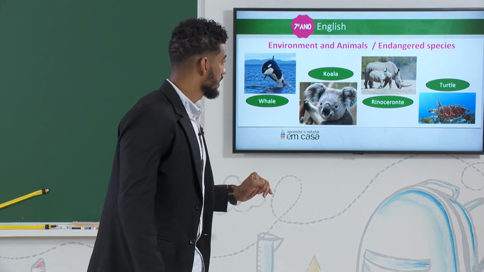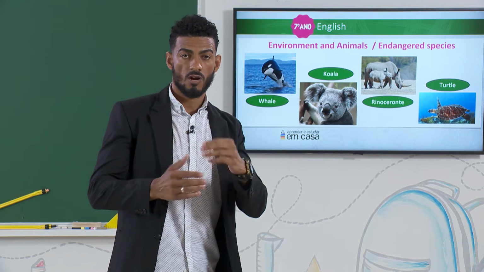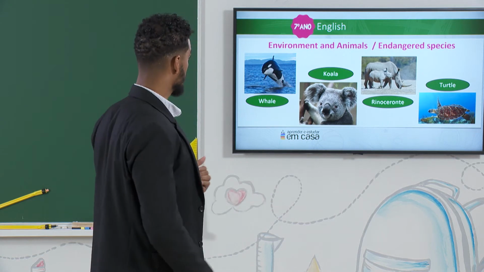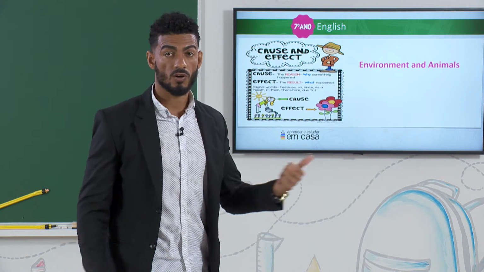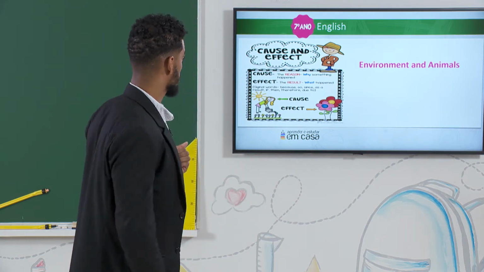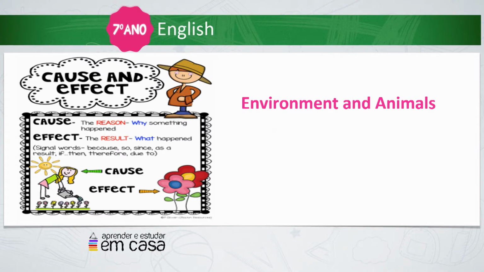And now let's see some causes, the consequences, and solutions behind all the environment's issues. Here, as you can see in the picture, we have cause and effect. The cause is the reason why something happened, and the effect is the result of what happened.